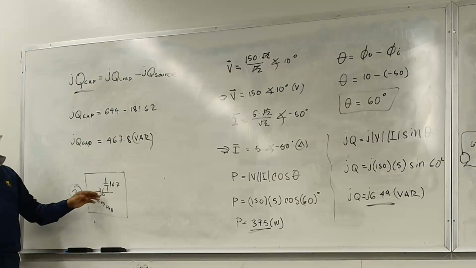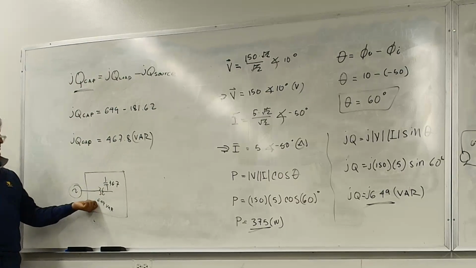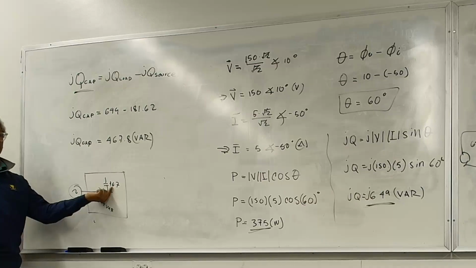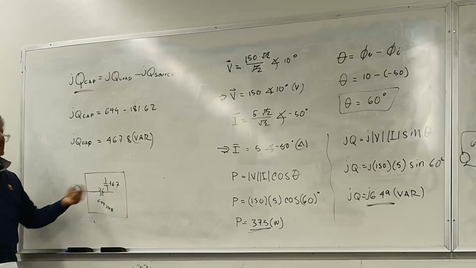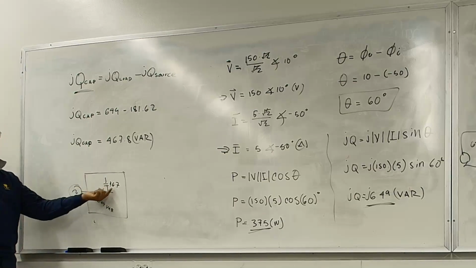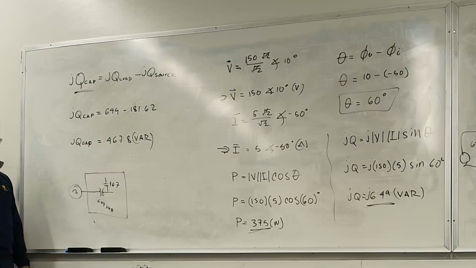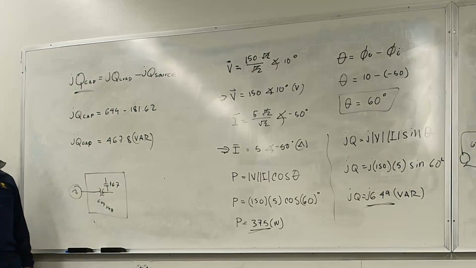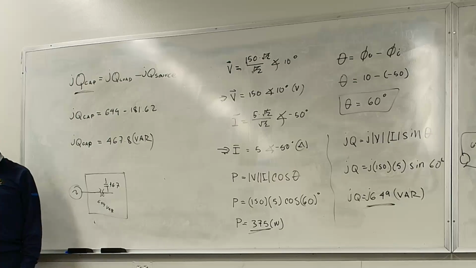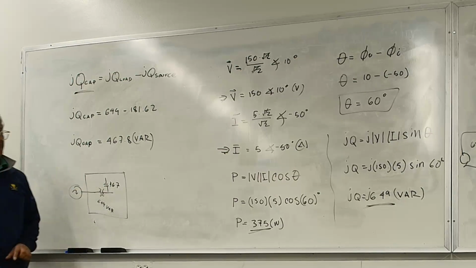The transformer is drawing 649, but inside the substation I'm putting capacitors giving it 467 of the 649. So I'm improving my power factor. The transformer doesn't care. It is what it is. If it's a motor, it is what it is. It's what I put in.